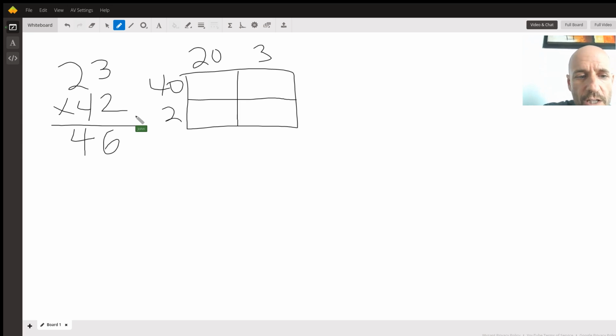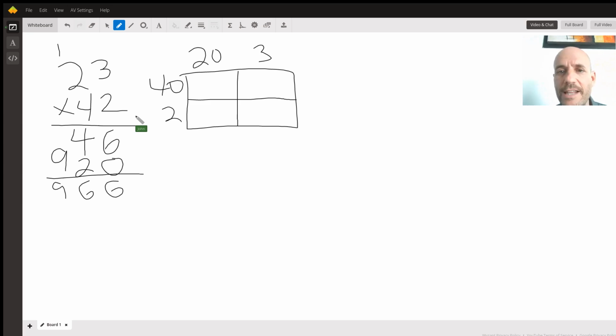Then most of us were taught to put a 0 here, and then we say, oh, 4 times 3 is 12. I put a 2 here, and I carry the 1 up there to regroup. 4 times 2 is 8 plus 1 is 9. Then I add all that up. 4 plus 2 is 6. And then 9 right there, 966.